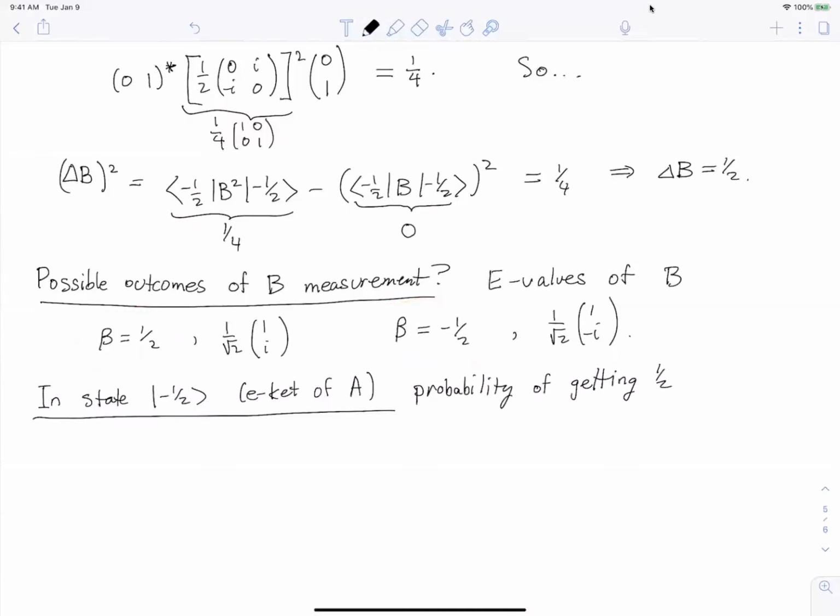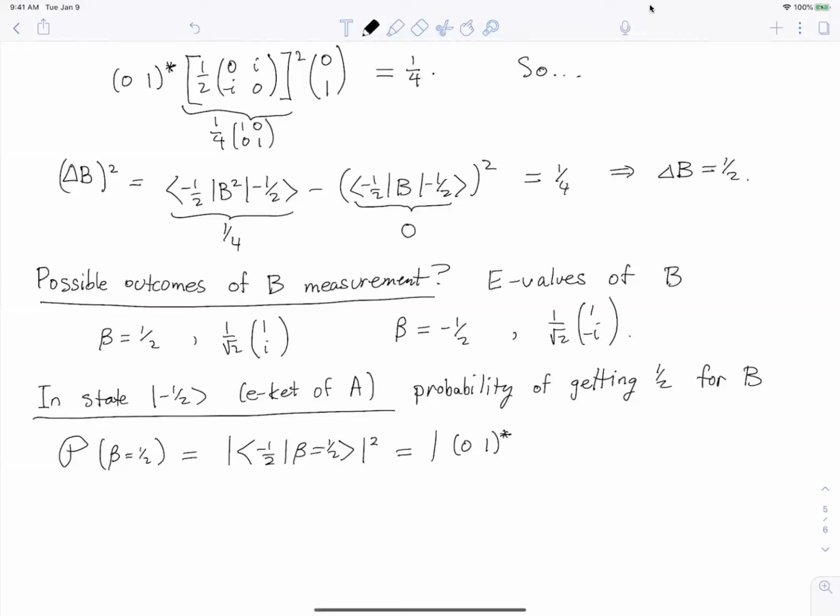Okay, so the probability of getting 1/2 for B is, according to the postulates, we're supposed to compute this inner product, minus 1/2 with beta equals 1/2. So we're supposed to take the square of (0, 1) star.